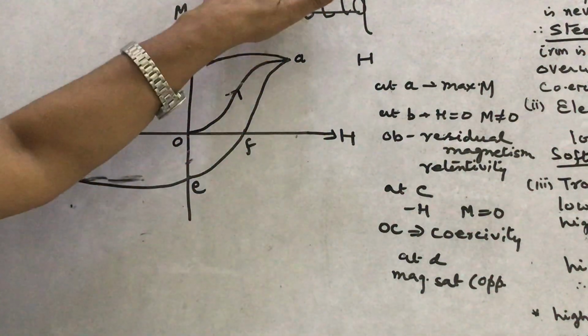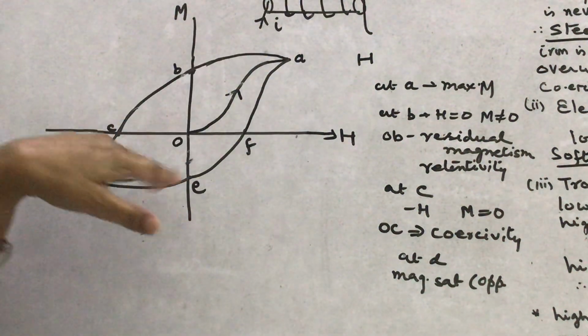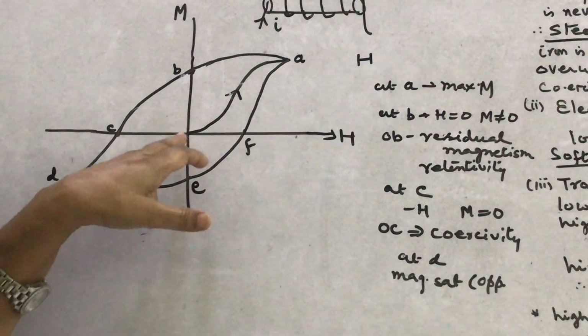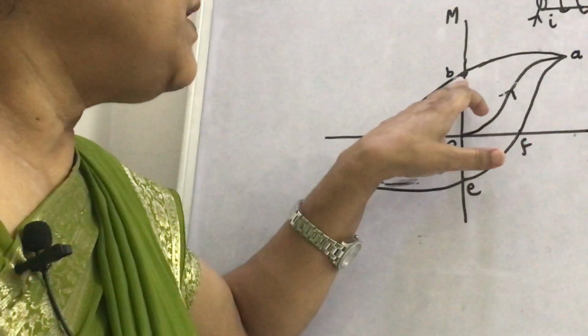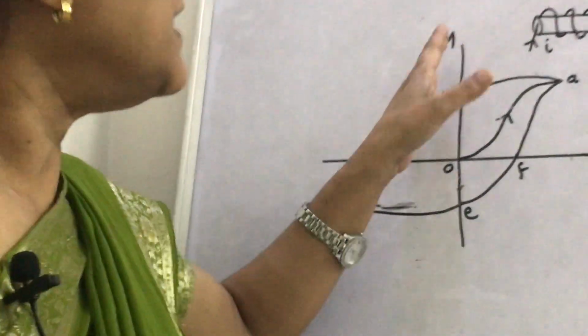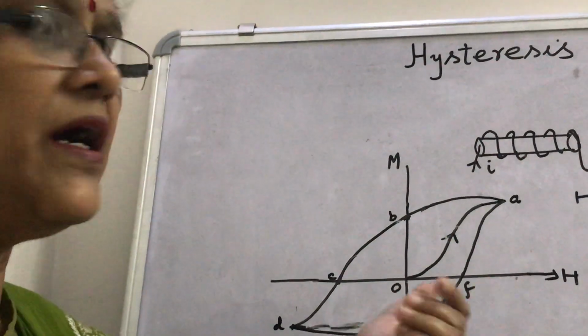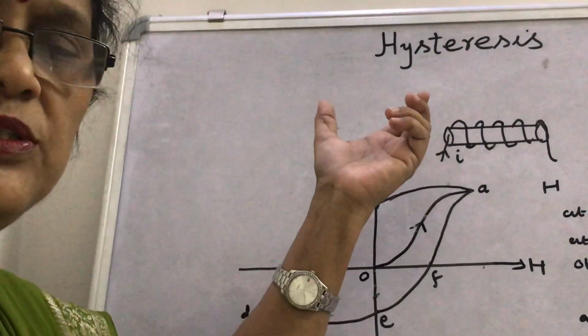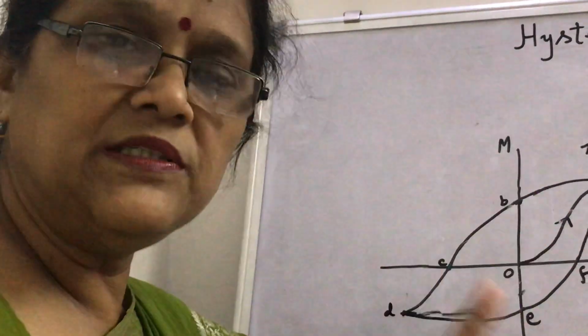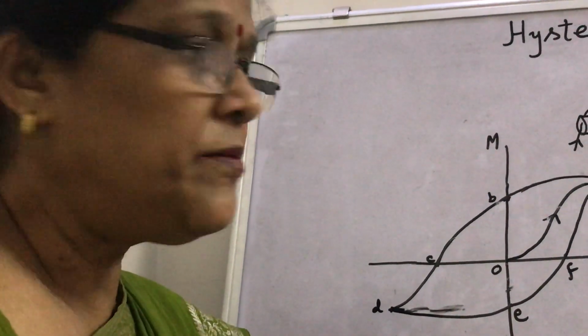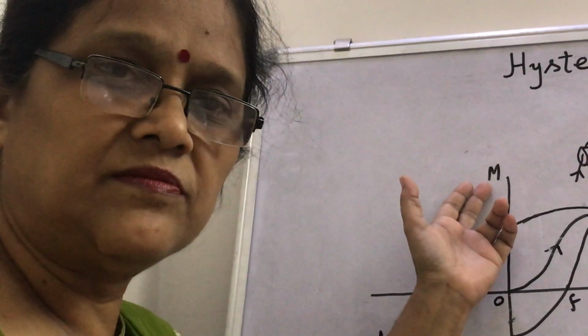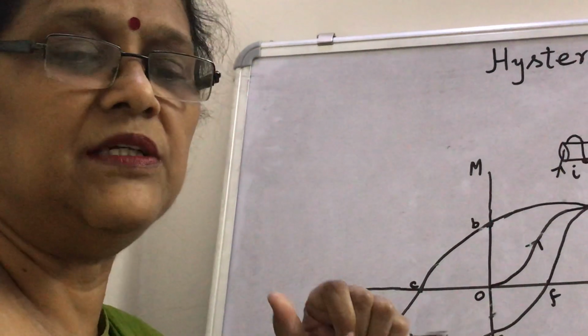And why hysteresis? Because in the whole process we have observed that from O to A or A to B, M is always lagging behind H. This is hysteresis. Hysteresis means lagging behind. Who is lagging behind? Magnetization with the magnetic intensity.